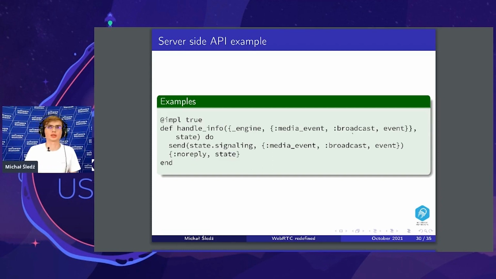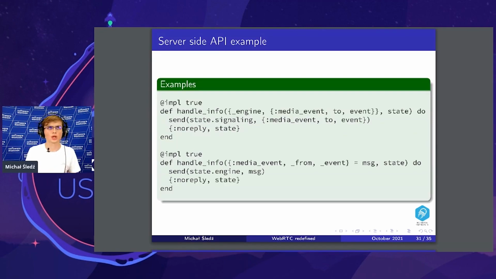So the broadcast keyword is used, and we just send this media event to the signaling server process, and the signaling server process will send this media event to all peers. Or the media event can be dedicated to a specified peer, and we do the same.